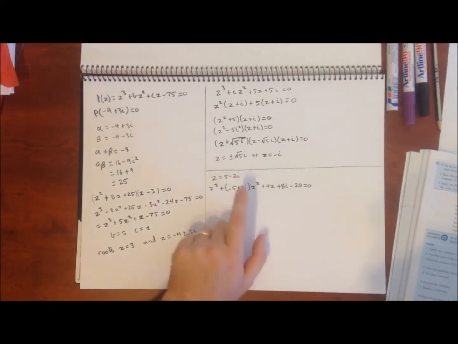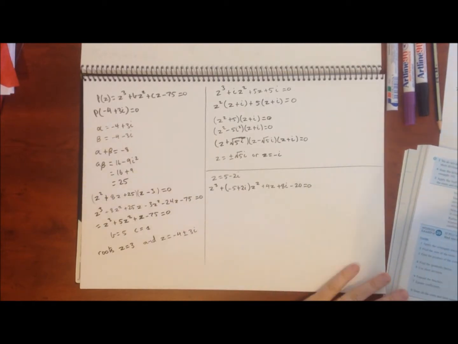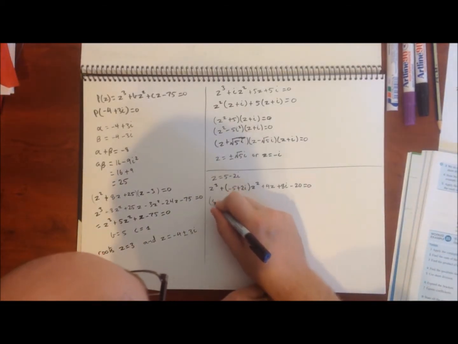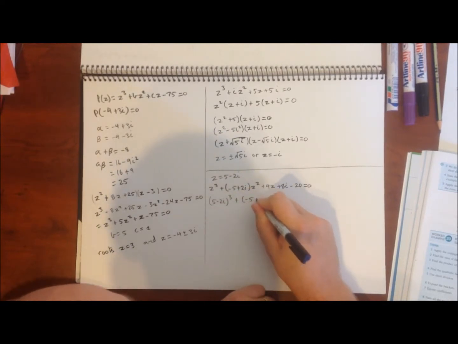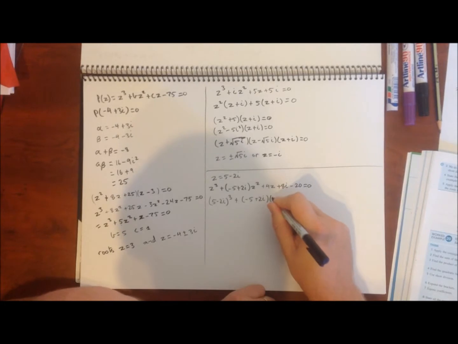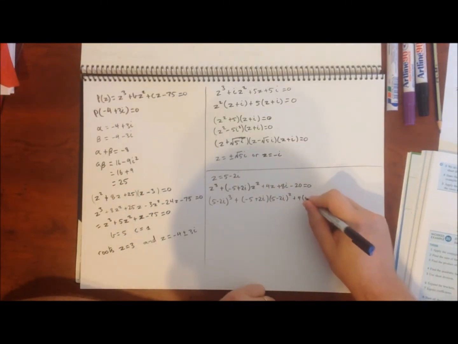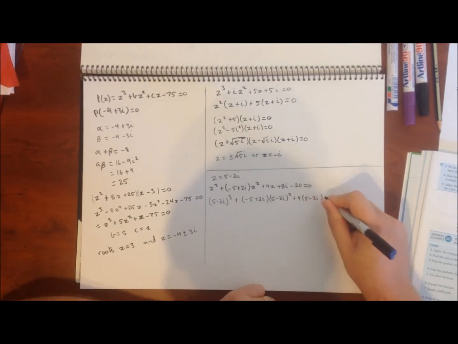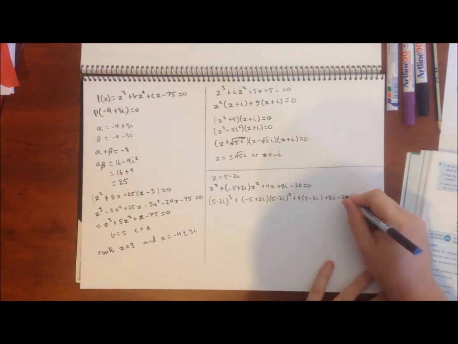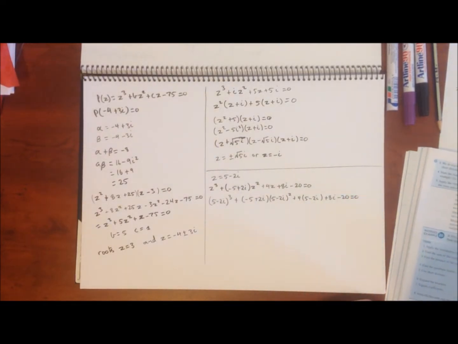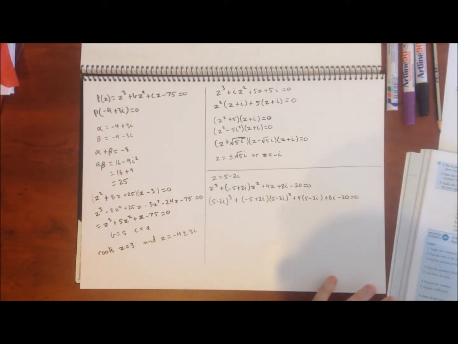So what we're going to do is sub in this value for z. We end up with 5 minus 2i cubed plus minus 5 plus 2i times 5 minus 2i squared plus 4 times 5 minus 2i plus 8i minus 20 equals 0. Then we're going to simplify that down a fair bit.